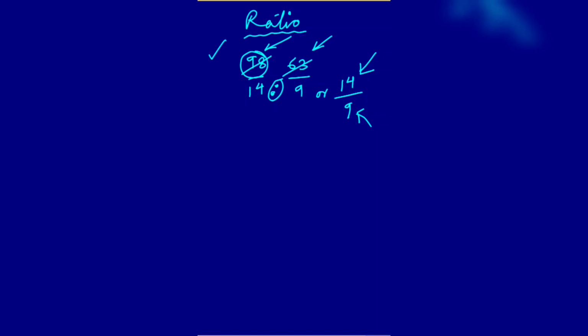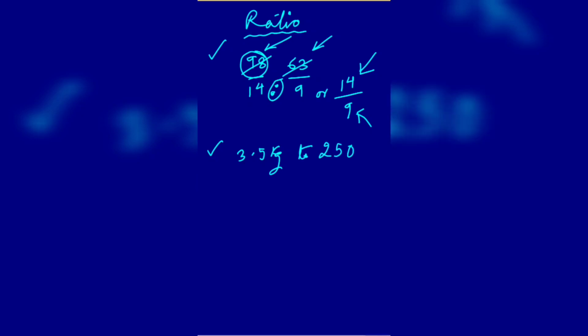Let me take another example. Say someone purchased sugar of 3.5 kg and someone gets 250 gram of sugar. And if it is asked to express in the ratio of simplest form, what can be done?